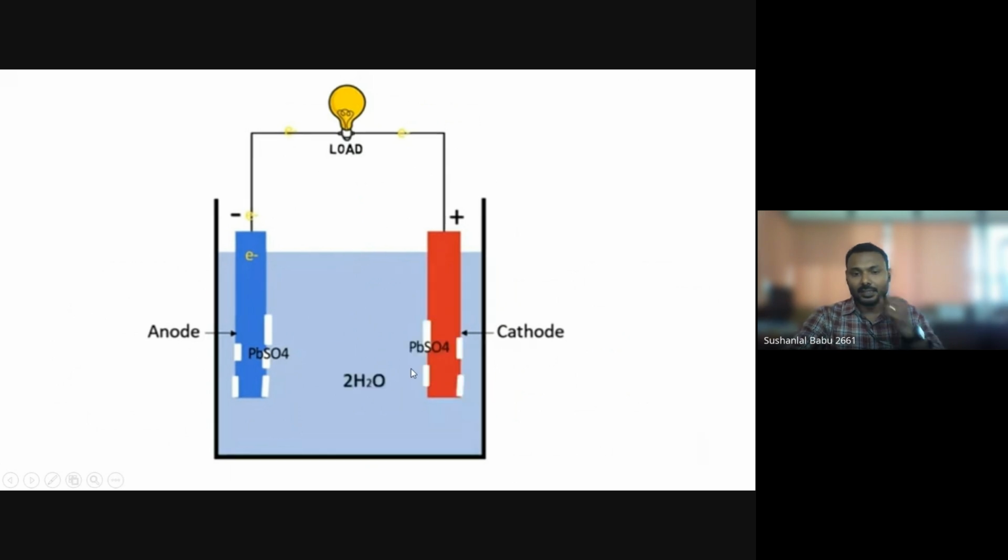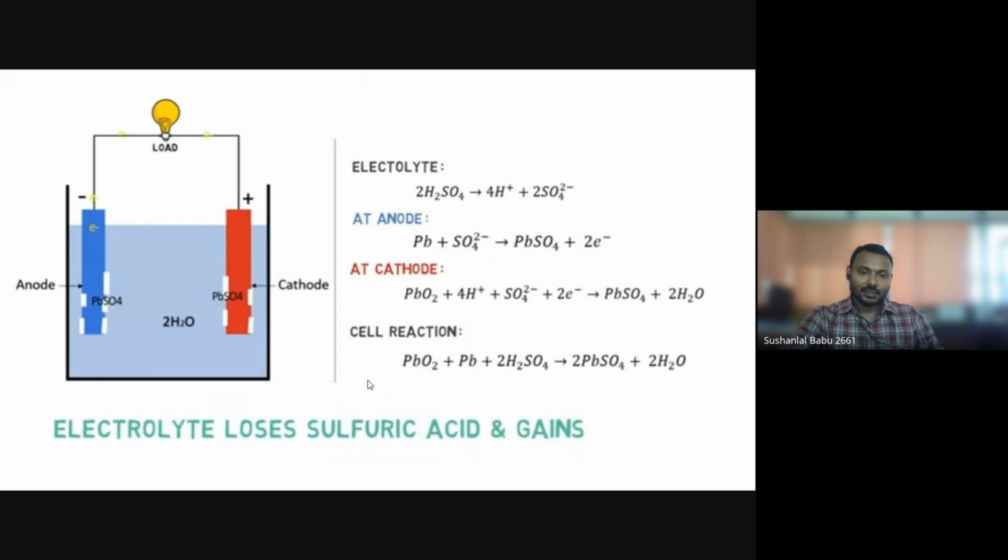That is what is happening here. PbSO4 will be generated, and the released oxygen ions will combine with the hydrogen ions to form water. So at the end of this reaction, water will be formed as the byproduct. The overall reaction looks like this.